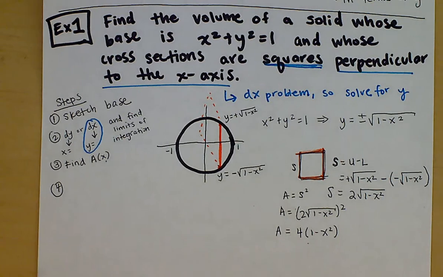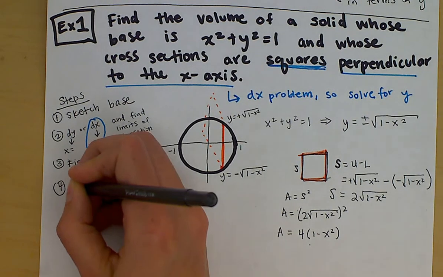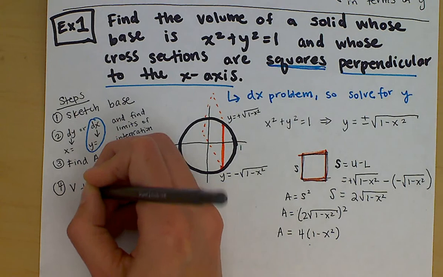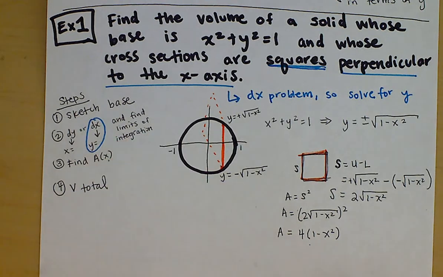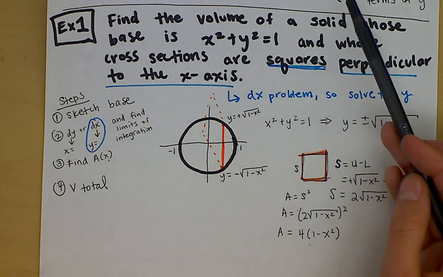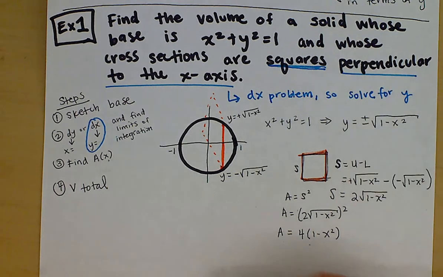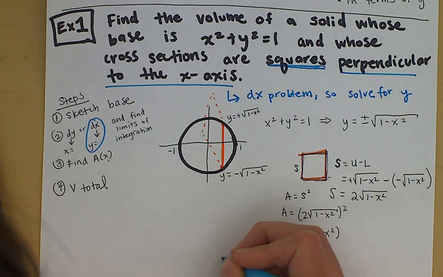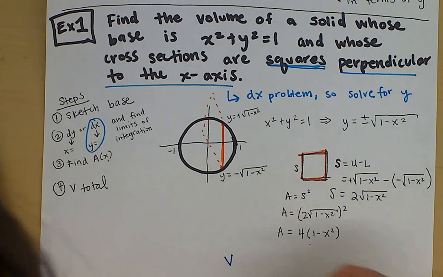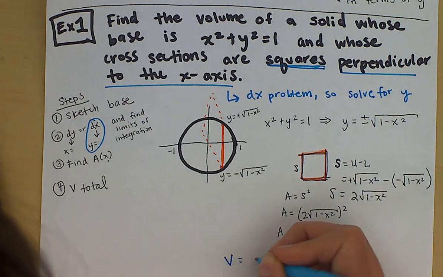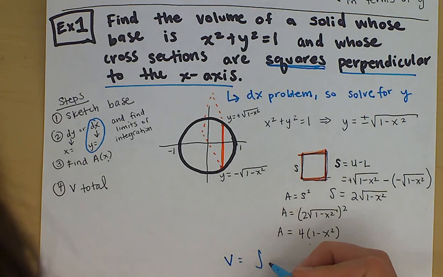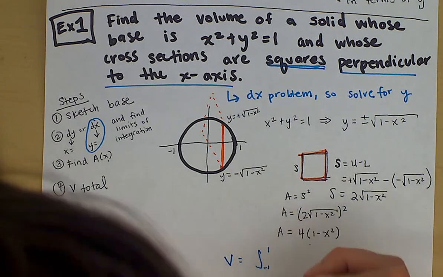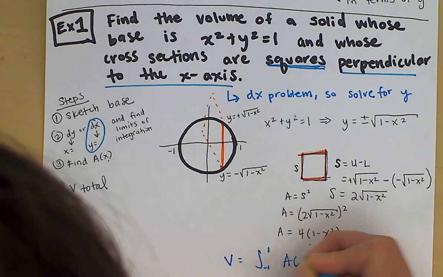My last step is just to find the V total. So I'm just going to find the volume. If you look up above at your notes, you see the equation for the volume, which you should all know is going to be V equals the integral between x1 and x2, which is just -1 to 1, of A of x dx.